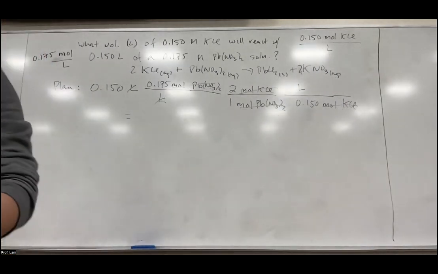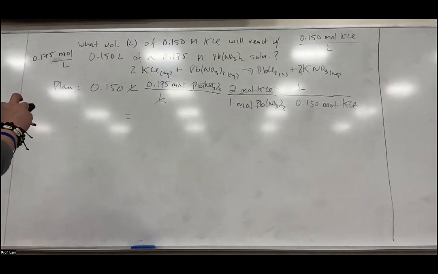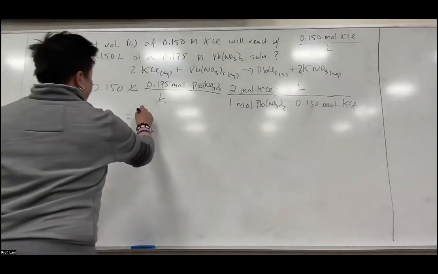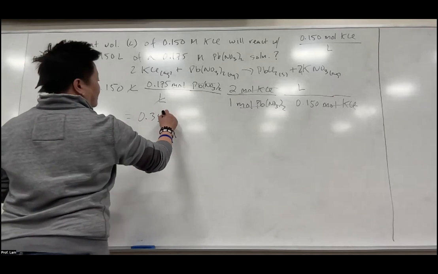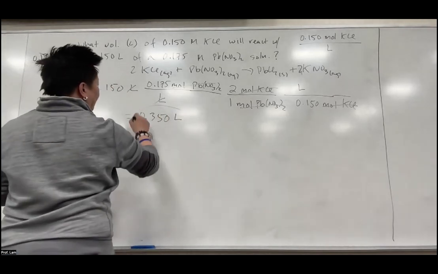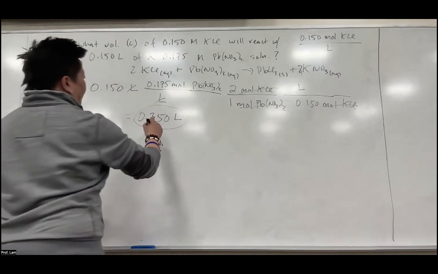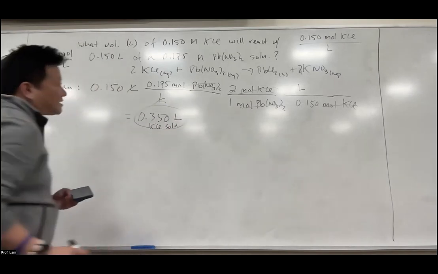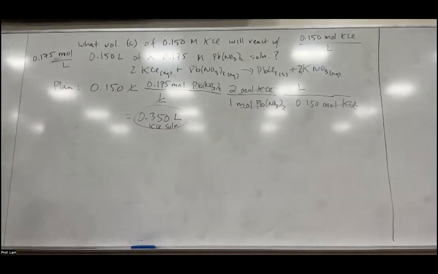And then calculate. 0.350 liters. 3 sig figs because of that number, right? Of the KCl solution. Be specific too, right? Liter of the KCl solution.